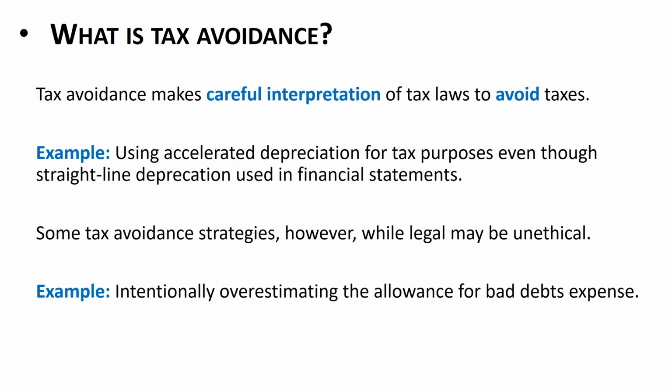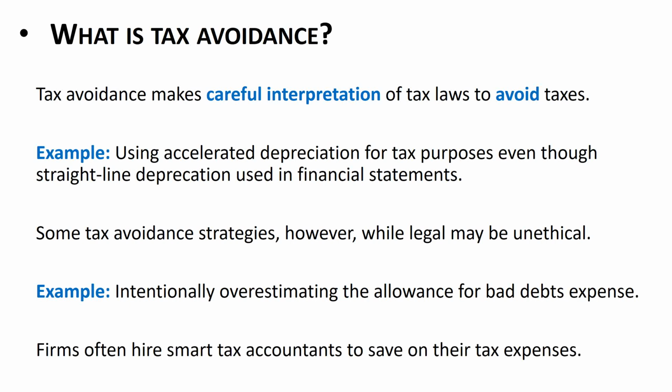And even our president, I personally believe, is reluctant to release his tax statements out of fear that there may be things that are unethical and that can be politically costly for him. Firms often hire smart tax accountants to save on their tax expenses, so they avoid taxes.